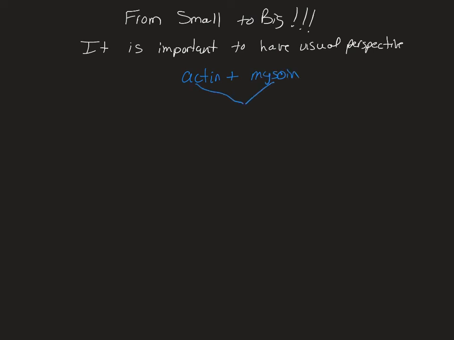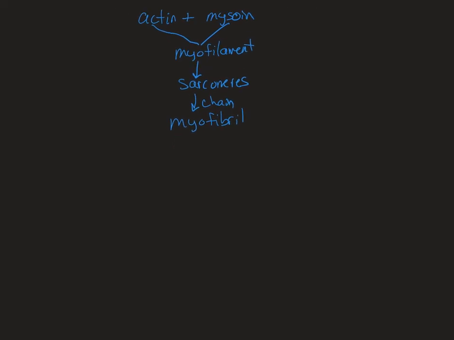Those come together. Those are myofilaments. And then those myofilaments, if you string them together, you get these cute little sarcomeres. And then the sarcomeres, if you chain them together, you get a myofibril. All right, and remember that myofibril is the organelle itself, okay?